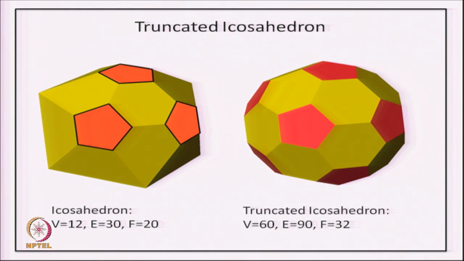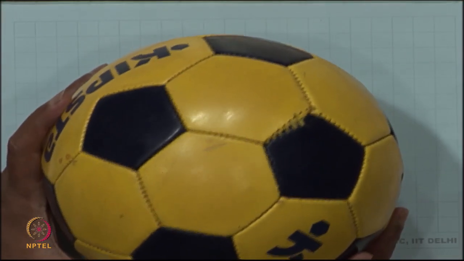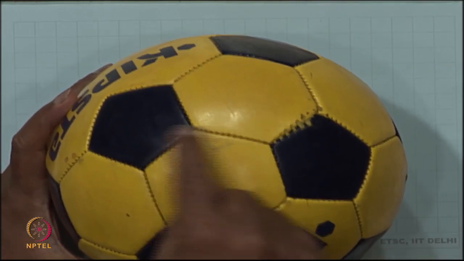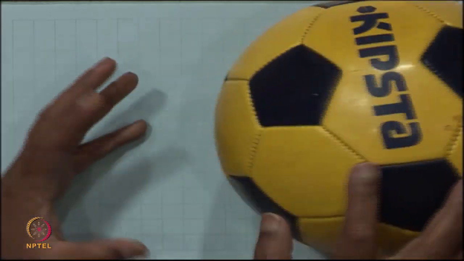The structure is not that difficult once you come from icosahedron to truncated icosahedron. If you are still facing difficulty, all you have to do is look at a football. The makers of football have already solved this problem. The football is nothing but a structure made of hexagons, the yellow hexagons in my football here, and the black pentagons.